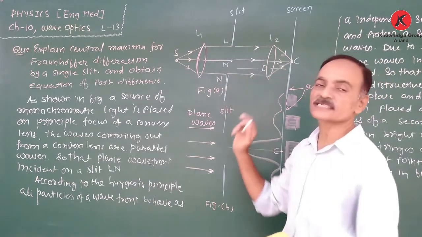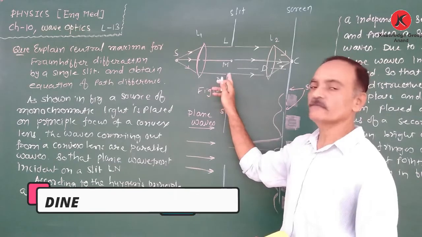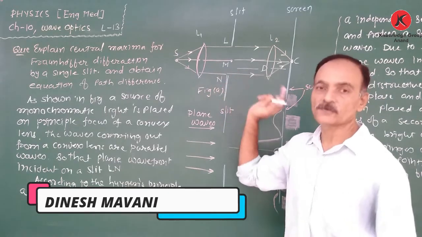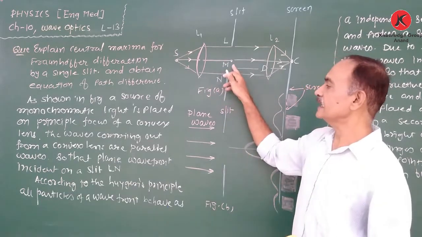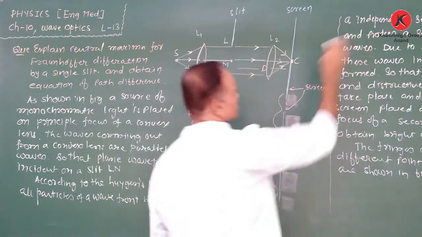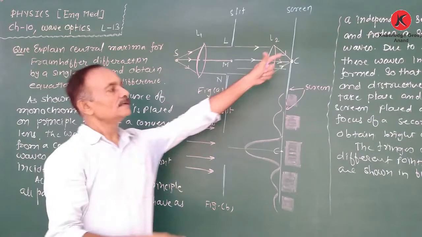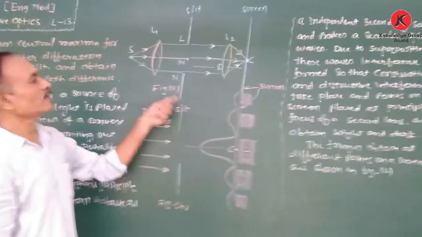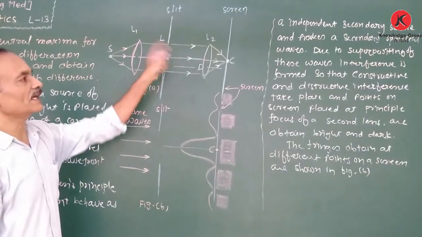According to the Huygens principle, all the points of the slit behave as independent secondary sources and produce secondary spherical waves.